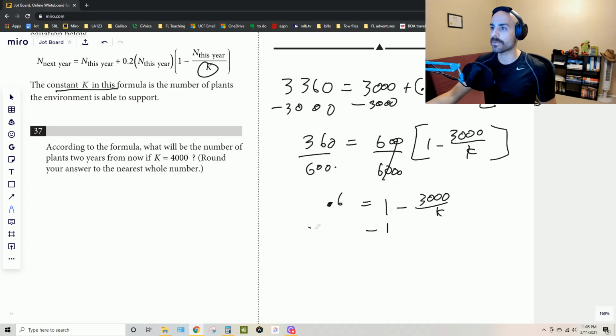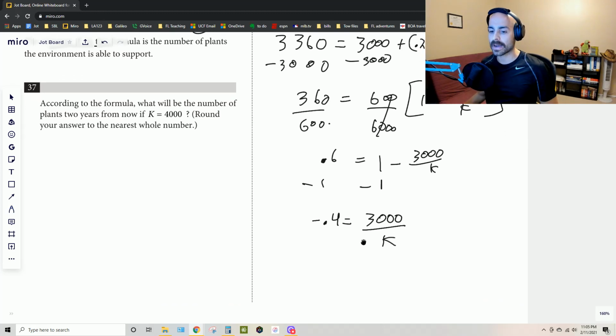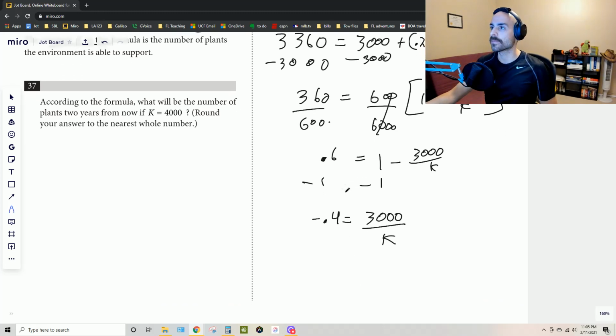So I'll subtract 1 from both sides, and we end up with negative 0.4 is equal to 3,000 over k. And this is negative here, by the way, because all we do is cancel this out. So now I want to get k by itself.